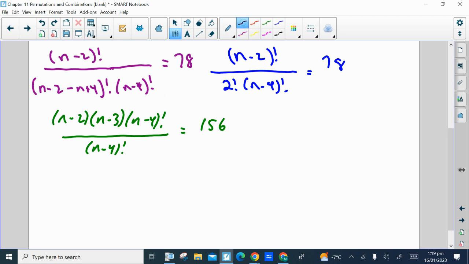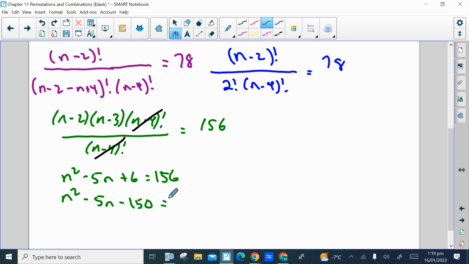So the n minus 4 factorials cancel. If we multiply out these two binomials, you're going to get n squared, take away 5n, plus 6 equals 156. Or n squared, take away 5n, minus 150 equals 0.